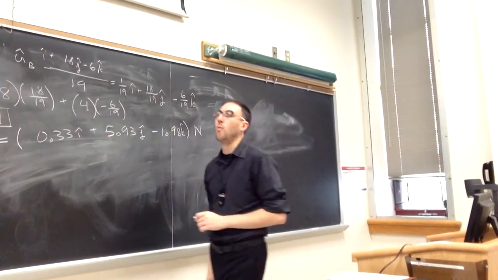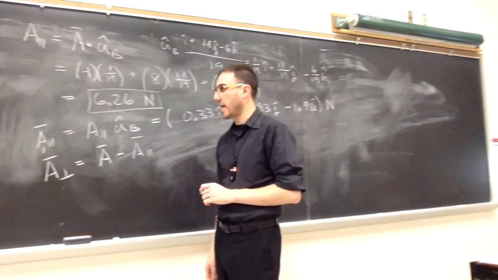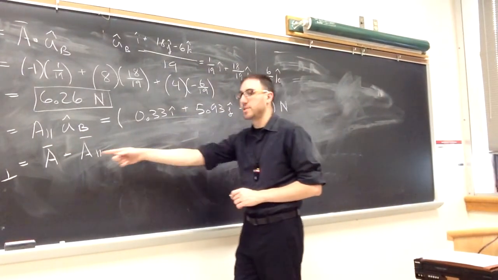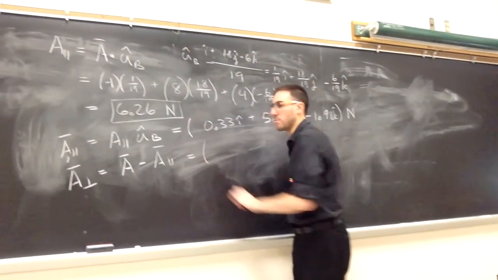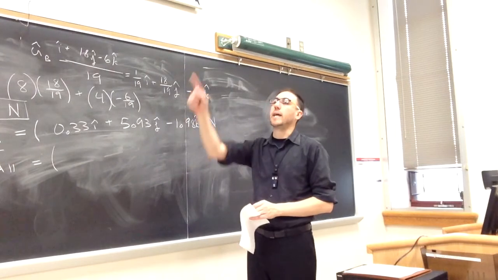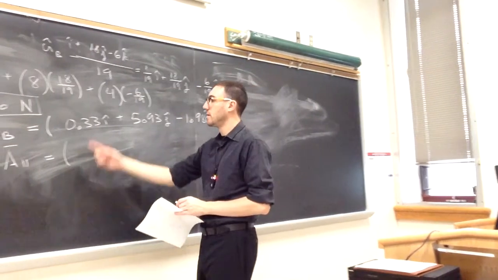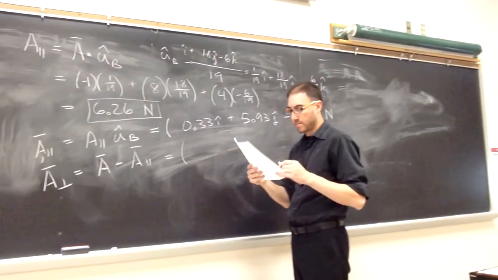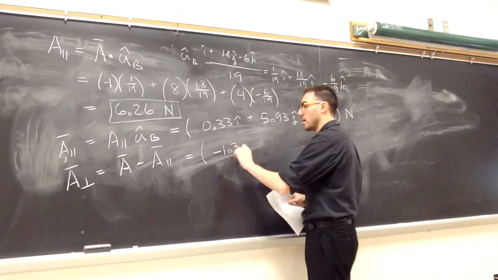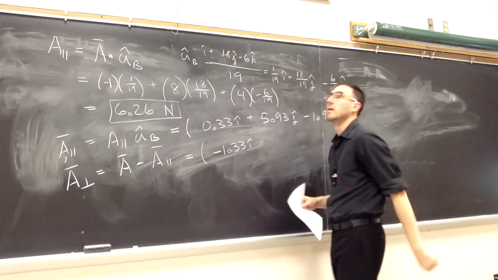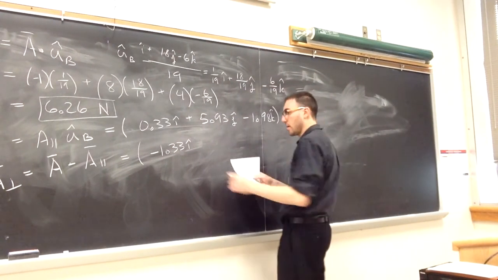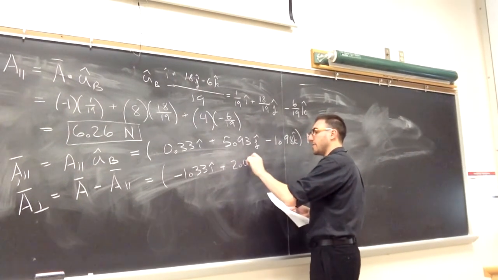Again, A is -1i plus 8j plus 4k. A parallel we just found, so we just have to subtract the like terms to find A perpendicular as a vector. Right, so we're going to take -1 minus 0.33, and that will give us a -1.33. 8 minus 5.93 will give us 2.07j.